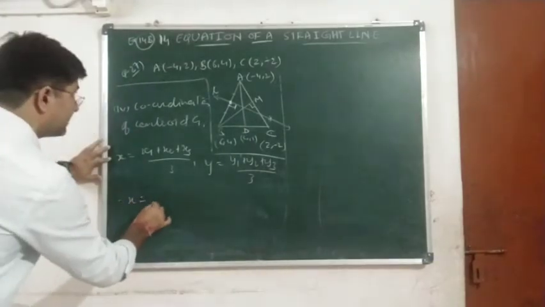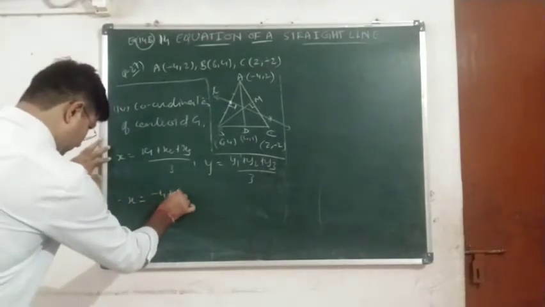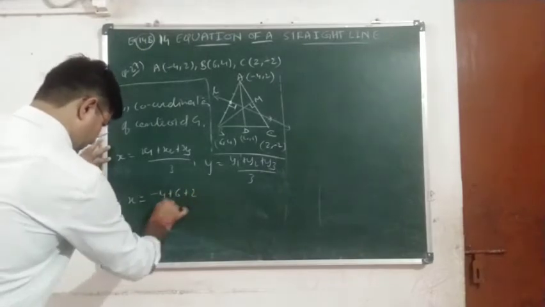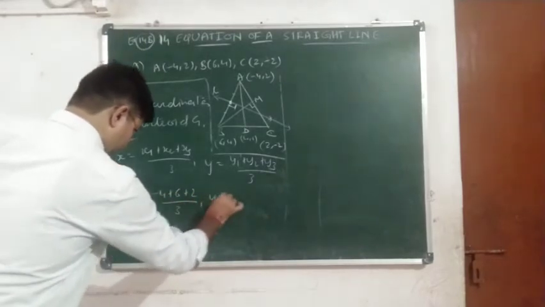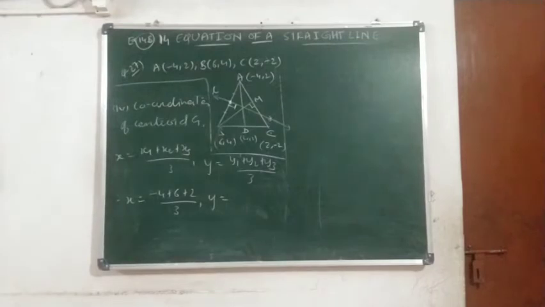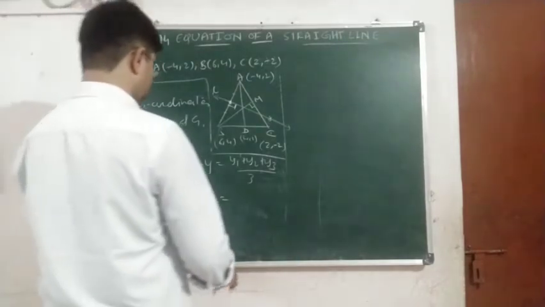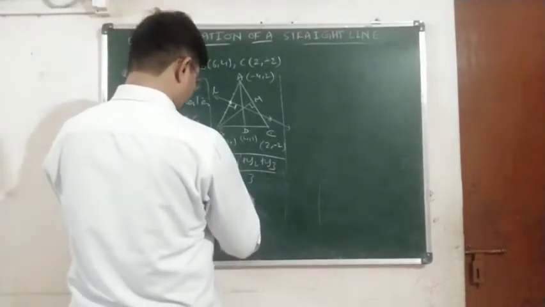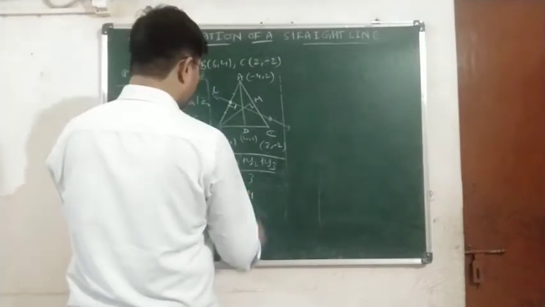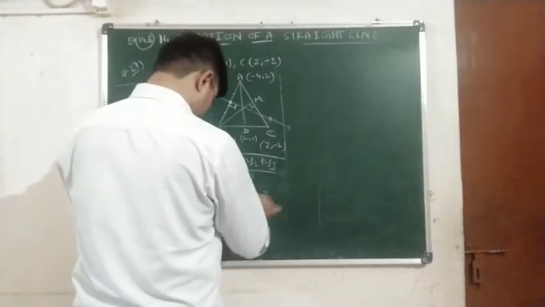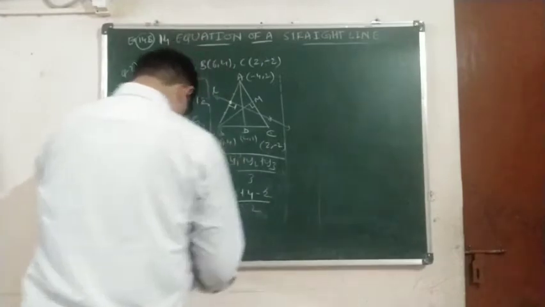Therefore x is equal to (minus 4 plus 6 plus 2) upon 3, and y is equal to (2 plus 4 minus 2) upon 3.